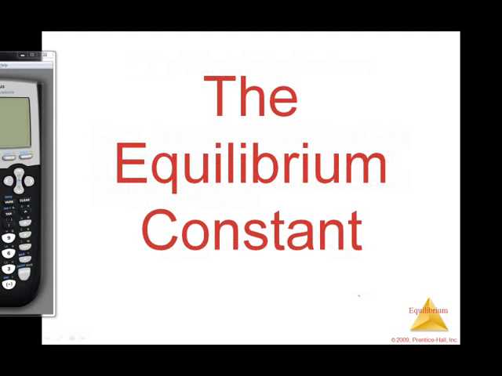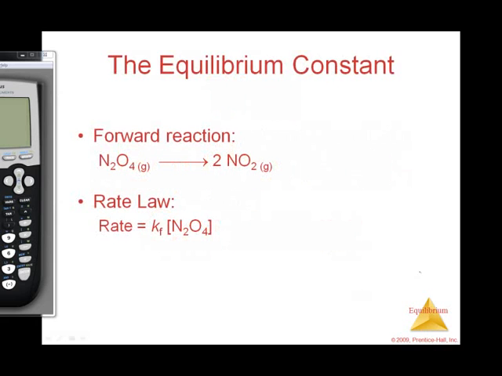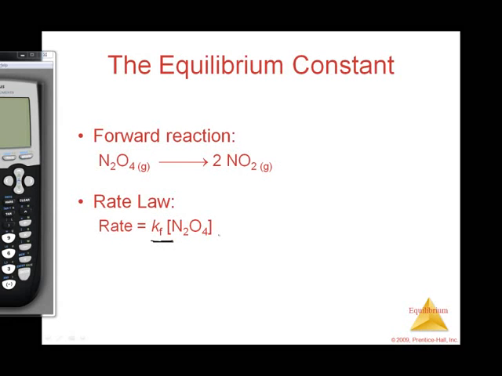Alright, so let's talk about the equilibrium constant, because it's all about developing an equilibrium expression or the constant that tells us what the ratio of reactants to products is, or vice versa. Okay, so think about it this way. If I have a forward reaction, what kinetics tells me is that the rate law is going to be k sub f, my small k for the forward reaction, times the concentration of my reactant here, right?